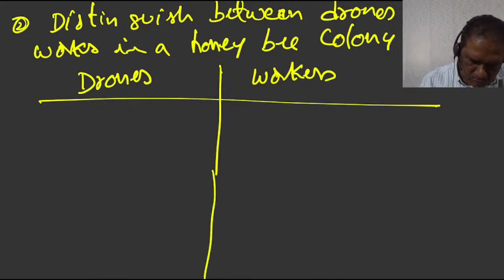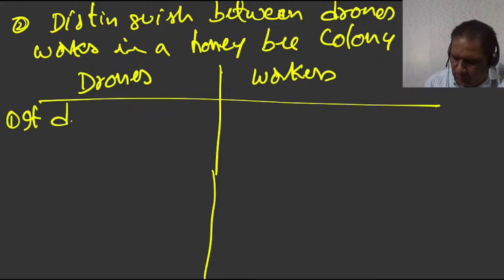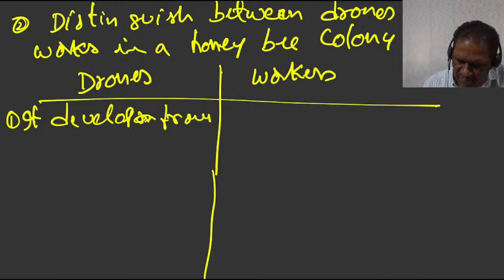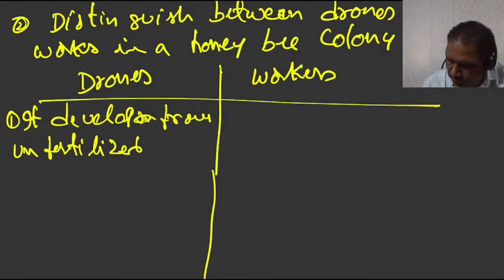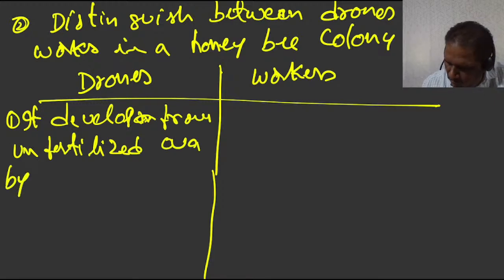What is the drone? Drones develop from unfertilized ova by parthenogenesis.